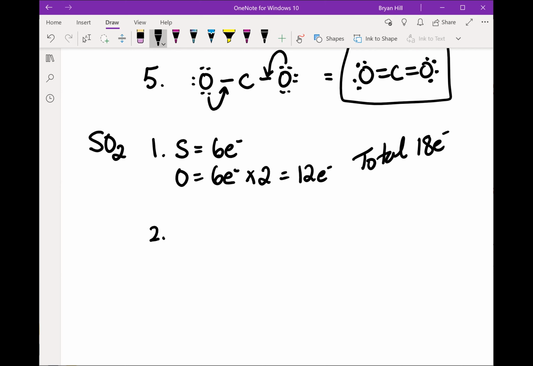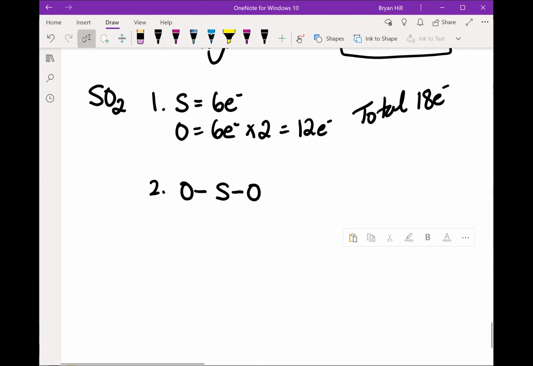So oxygen is above sulfur, so oxygen will be more electronegative, and so it will have a lower bonding capacity. And we know that sulfur can have the expanded octet. So sulfur is going to be the center atom. We're going to connect it with a single bond to oxygen. And this will be our step 2 complete.